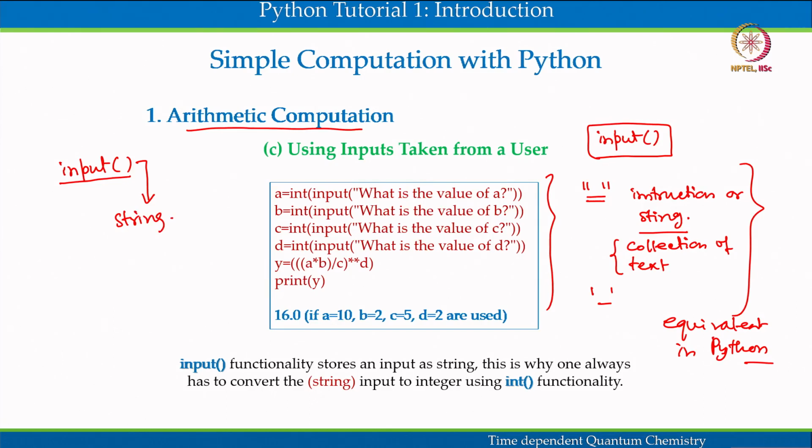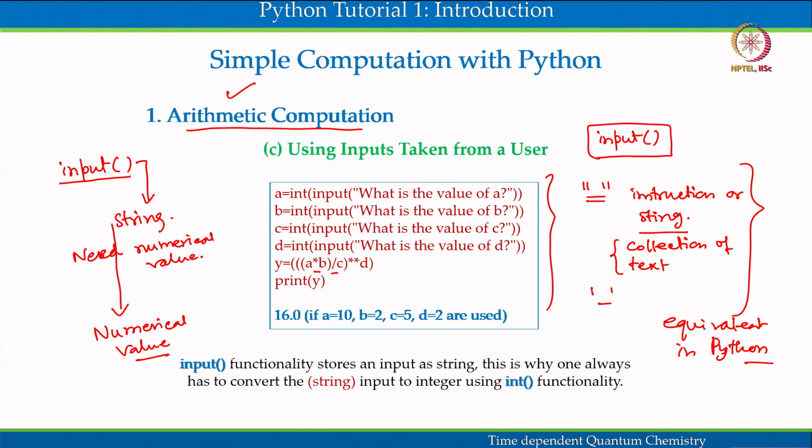And I cannot use multiplication, division, or arithmetic computation with the help of a string. I need a numerical value. So the string has to be converted to a numerical value before we perform any arithmetic computation.